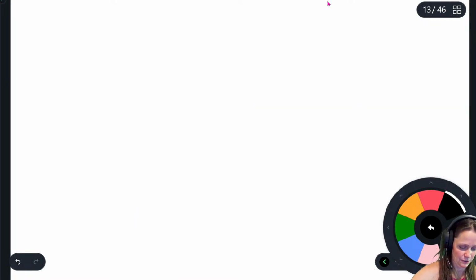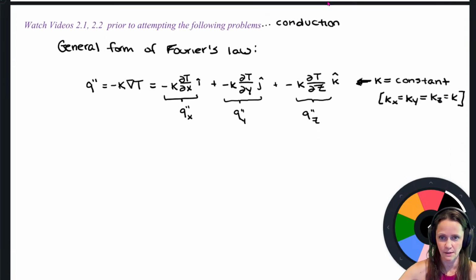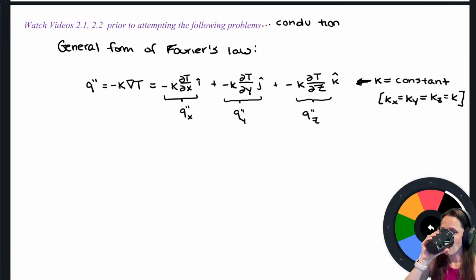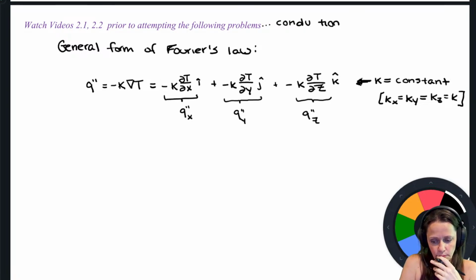So I don't know, are y'all finished? I'm assuming so. I'll leave it for a minute though before I go on to the next guy. I did have a question just while you're waiting here. In the last problem, you were able to say that, because it doesn't say otherwise, we can assume steady state.